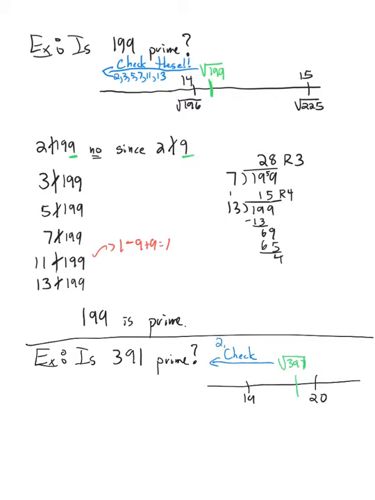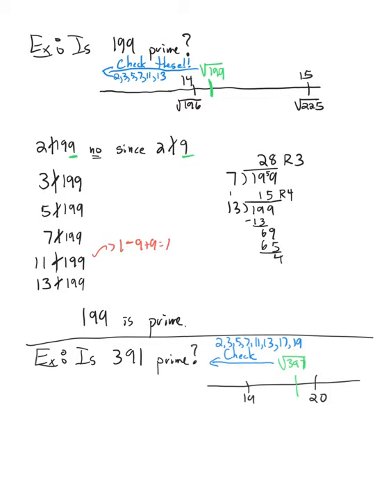So that's going to be 2, 3, 5, 7, 11, 13, 17, and 19. I'm not going to do out the work above here. It's the same idea, but I will tell you that once you check 17, let's see what happens.